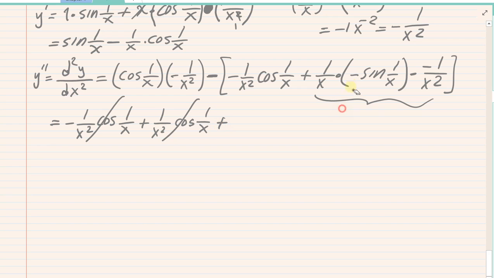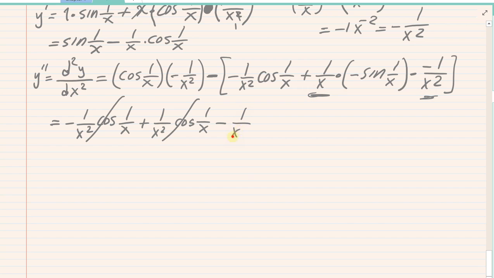Oh, and then there is a negative here. So there are 3 negatives in this one, right? There's this negative, and this negative. So those 3 negatives multiply to negative. That's going to make this negative, x here, x squared here.